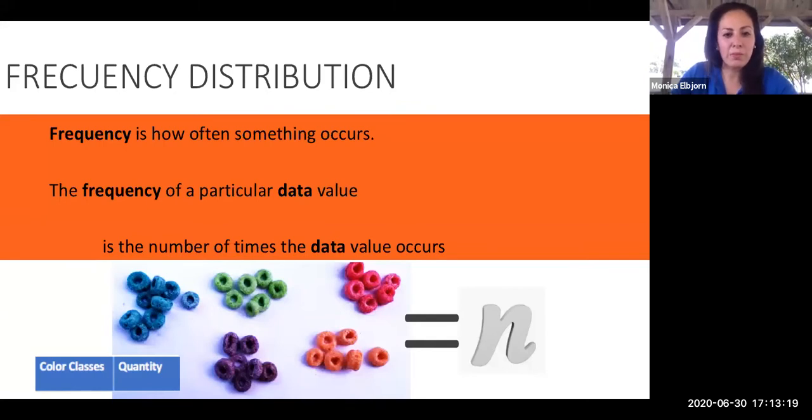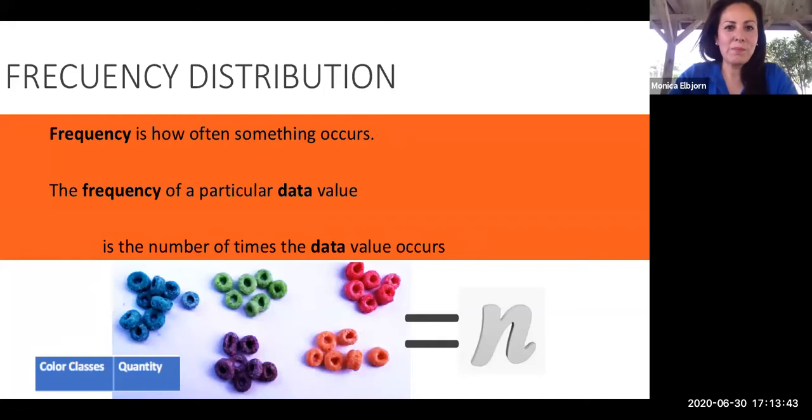One of them was pulling a couple for every color, dividing the sample into groups. That way we'll have the same chances of picking a blue one, a green, a red. The frequency distribution is going to help us organize the data.